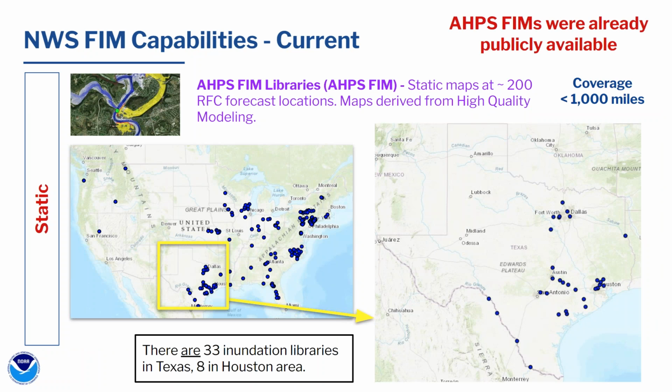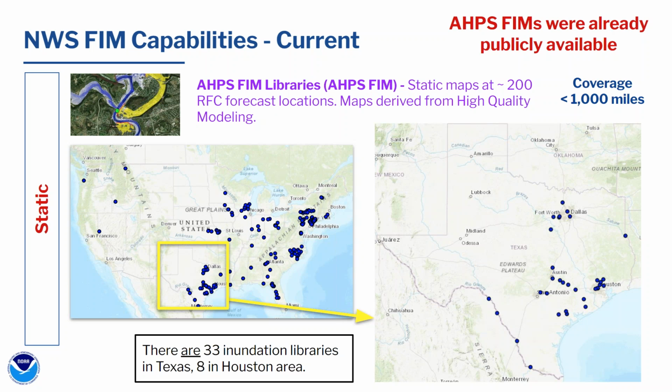So now, what flood inundation mapping capabilities do we currently have, or the ones that we're going to be providing? Flood inundation mapping is not new to the National Weather Service. We're just expanding our service of flood inundation maps. Right now, if you were to go to the National Weather Service's AHPS page, you would see that the National Weather Service has these AHPS flood inundation map libraries.